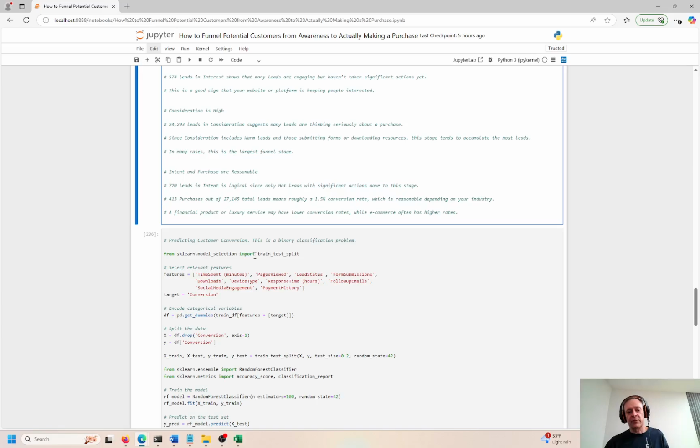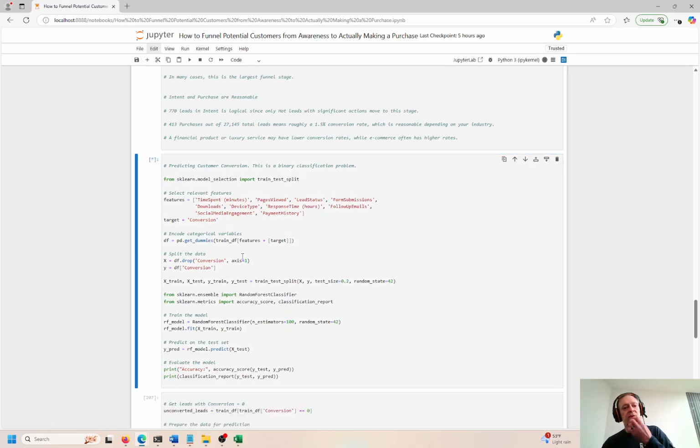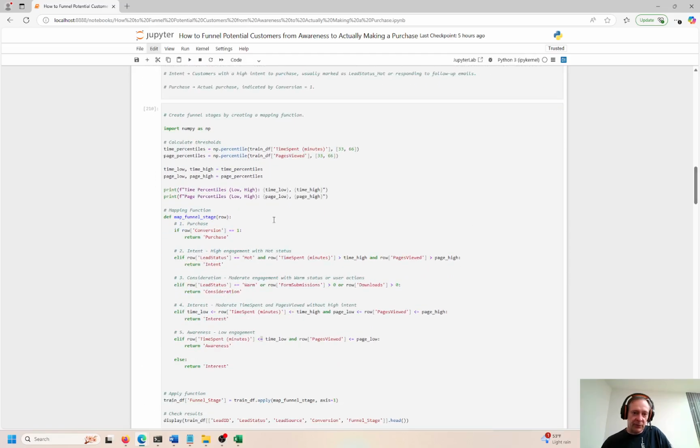That could swing widely. So next, I want to try to set up a machine learning algorithm and train it and test it and see if it can predict for us which potential customers are going to convert and become actual customers. So remember, at the beginning, we had this business logic right here, right?